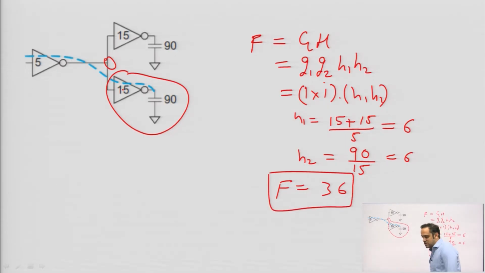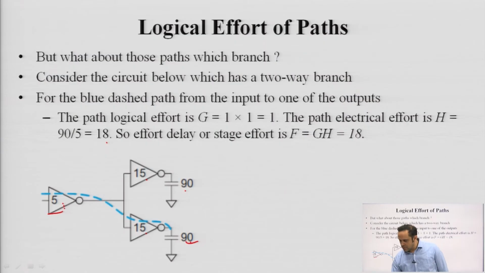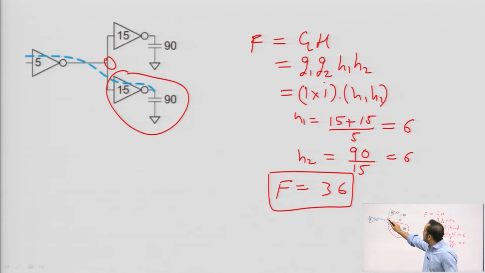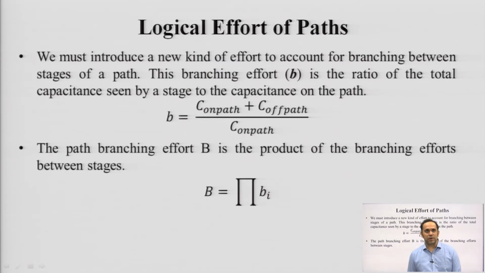Now, this is twice the number which I got in the previous slide. So, there is something different here. The difference is this point here, which is nothing but branching. So, for these kinds of networks where you have multiple stages, multiple paths and branching as well, you have to introduce another term which is known as branching effort.